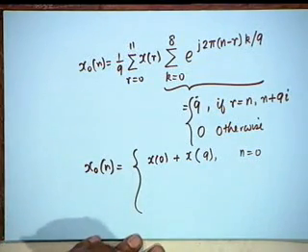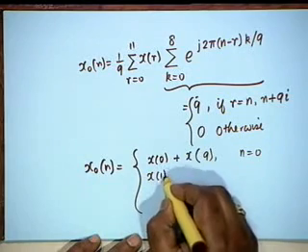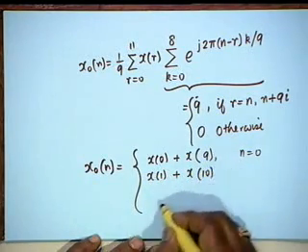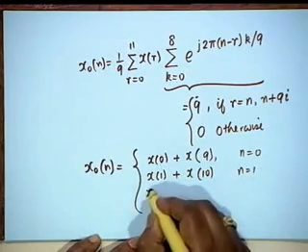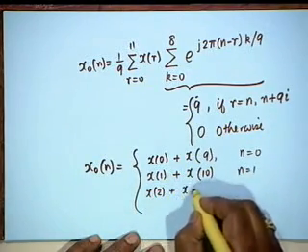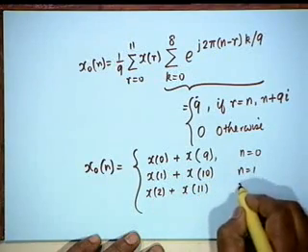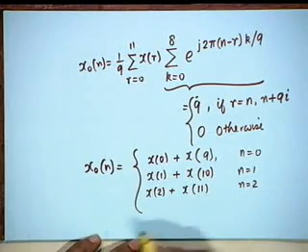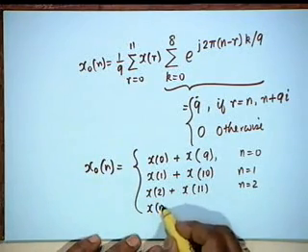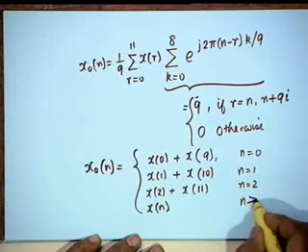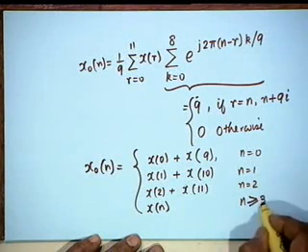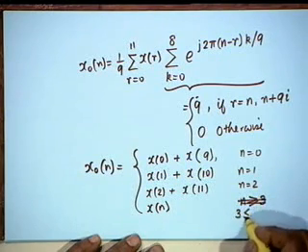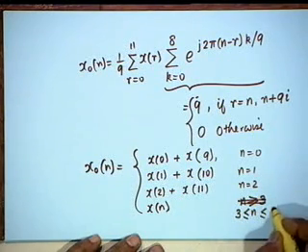For n equal to 1, I shall have x of 1 plus x of 10, very good. Then x of 2 plus x of 11 for n equal to 2, and then I do not have an x of 12, and therefore this will be x of n for 3 less than or equal to n less than or equal to 11.